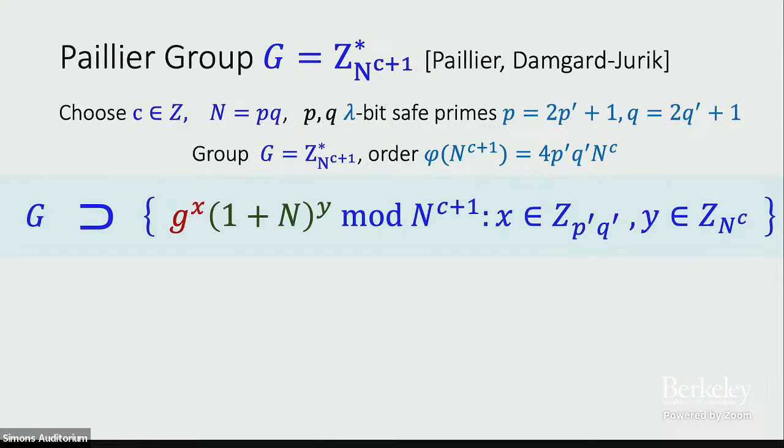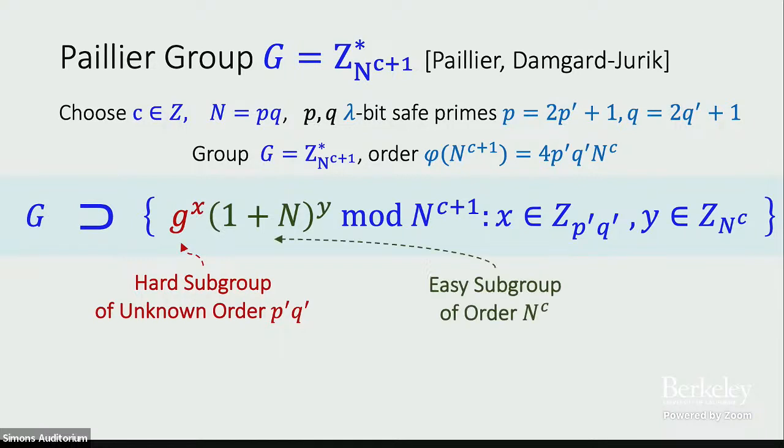One simple linear homomorphic encryption scheme is based on the Paillier groups. You don't have to look at a lot of the specifics. Just know that Paillier group elements are a product of elements in a hard subgroup with elements in an easy subgroup. The hard subgroup has unknown order and the easy subgroup has known order.